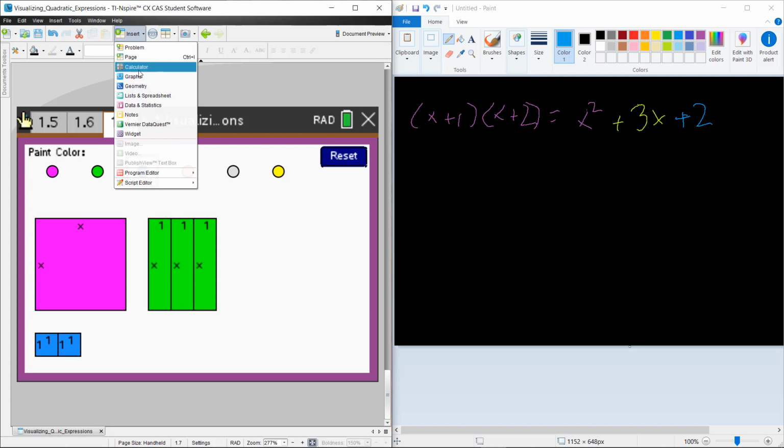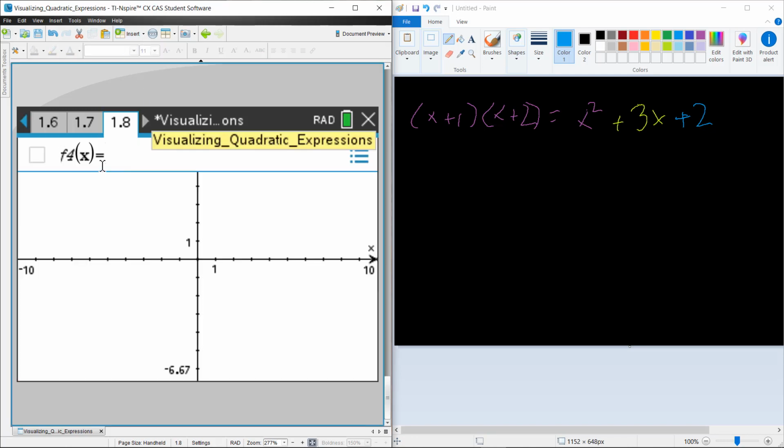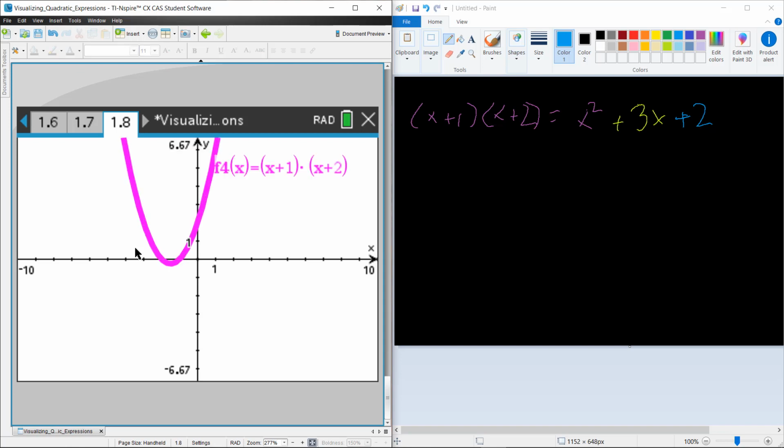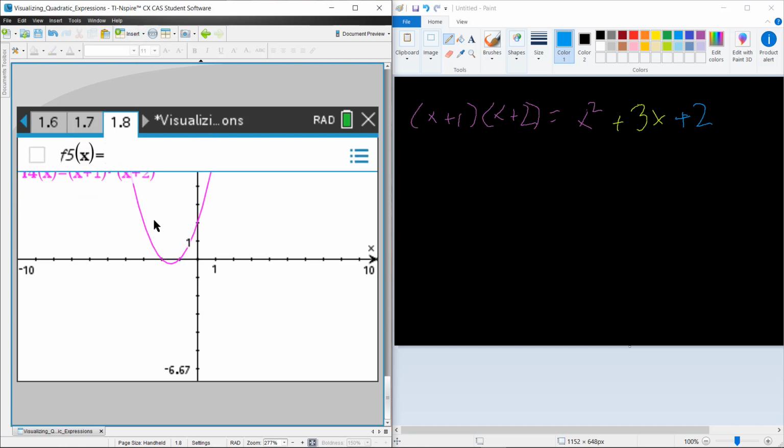So we could go through that process, and I'll show you that graph really quickly. We can have x plus 1 times x plus 2, and that gives us this graph to look at, and then we can verify that one against the other graph that we just said, which was x squared plus 3x plus 2.